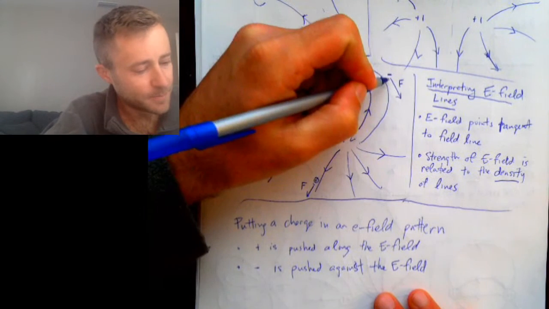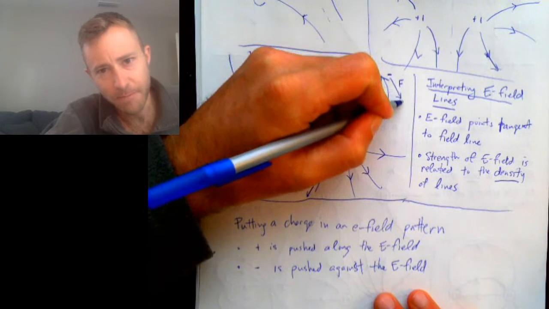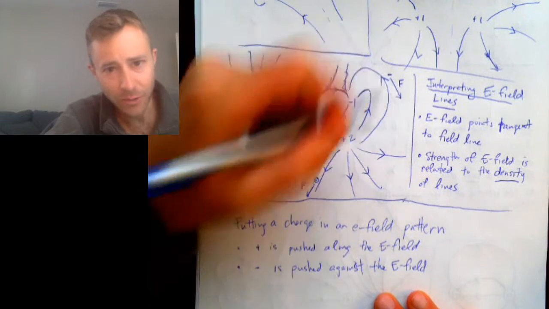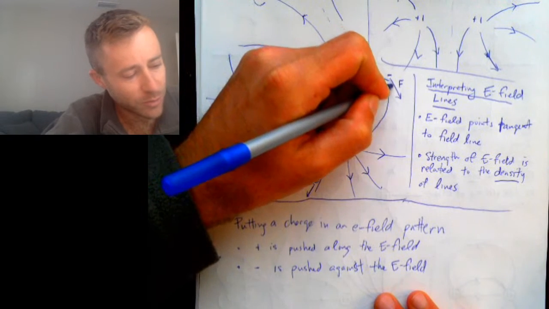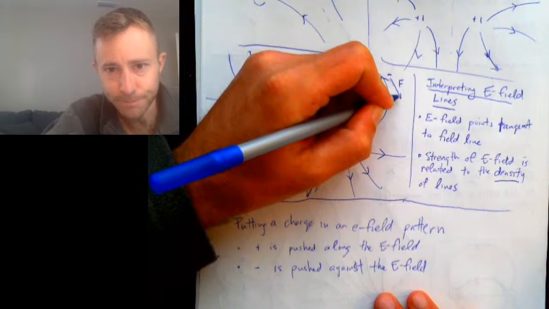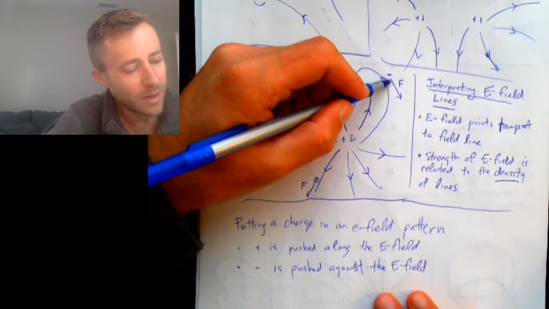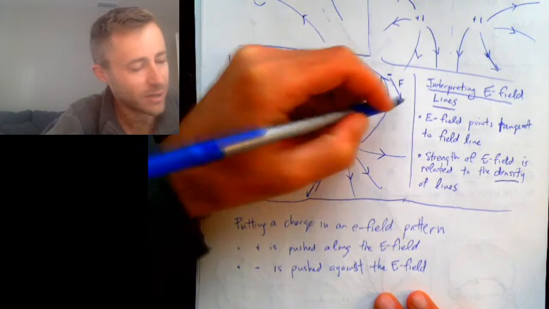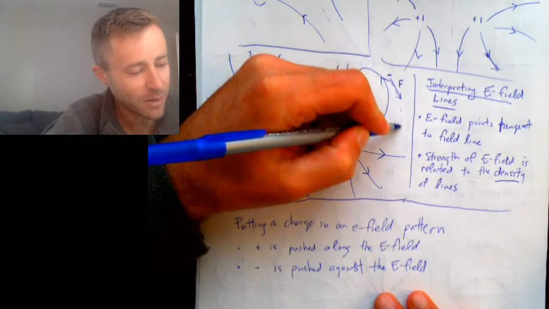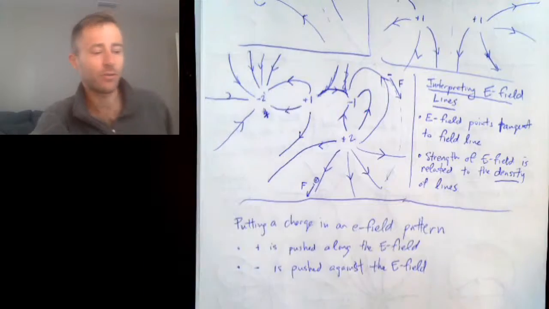So what will happen is it'll start getting pushed this way, and it's going to build up momentum. And because it has that momentum, it can't follow the field line exactly. So it's going to kind of lag behind. It might do something like this. That might be the actual path.